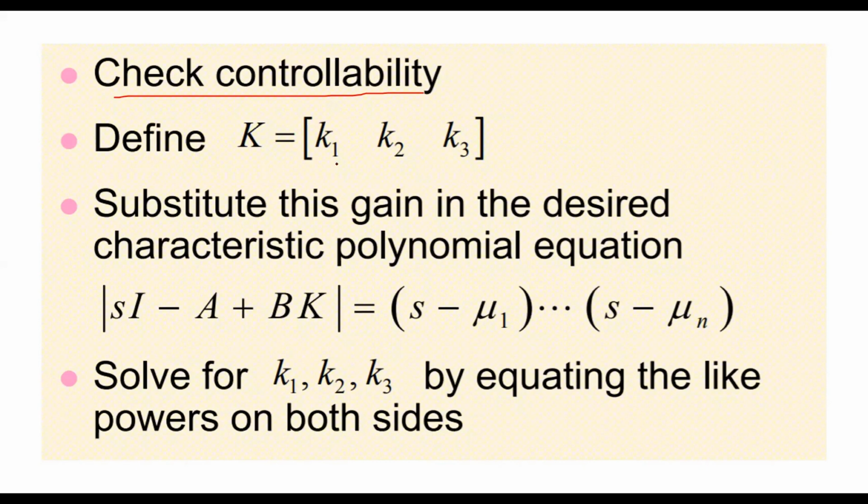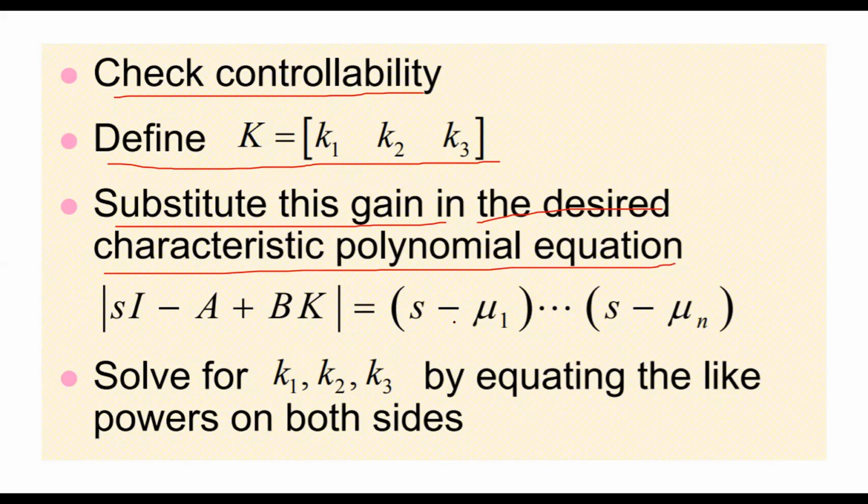Next is define the k matrix, based on the order. Now substitute this gain into the desired characteristic polynomial of the equation, that is s I minus A plus B K. Solve for k1, k2, and k3 by equating both the characteristic polynomials. That is already explained in the previous video.